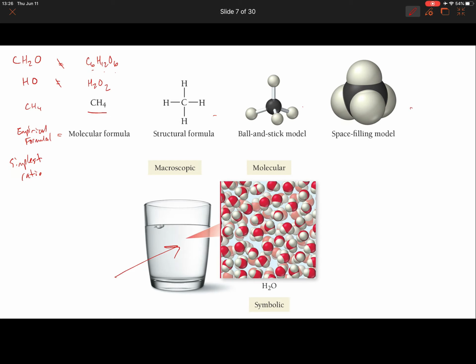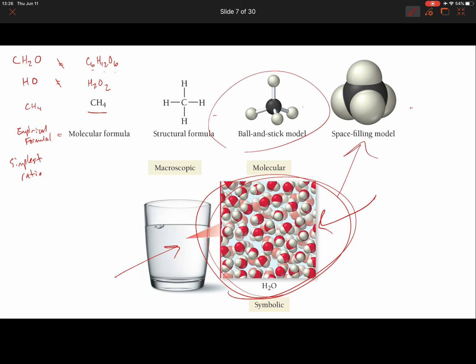So we're going to use a lot of these models. We like space filling, and we're going to use a lot of ball and stick to represent how geometries look in 3D space. Now, we'll start off a little more simply by just trying to get a wrap on empirical formulas and molecular formulas, and then by chapter 10, we're going to be doing Lewis structures and drawing these on our own. Okay.